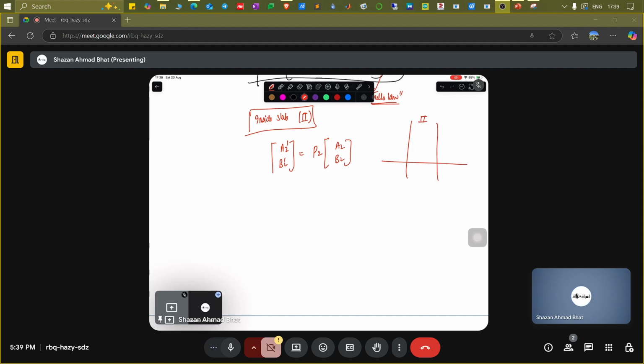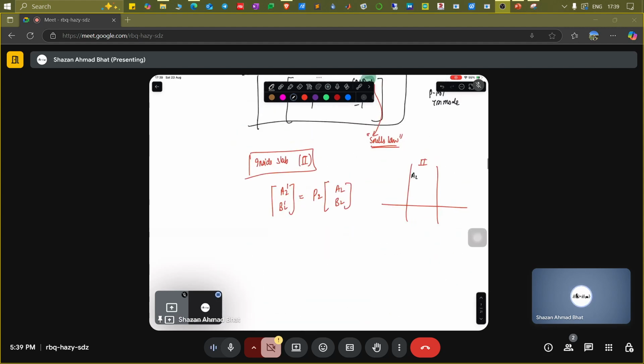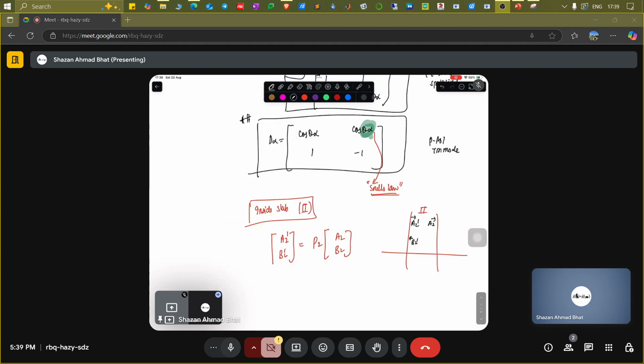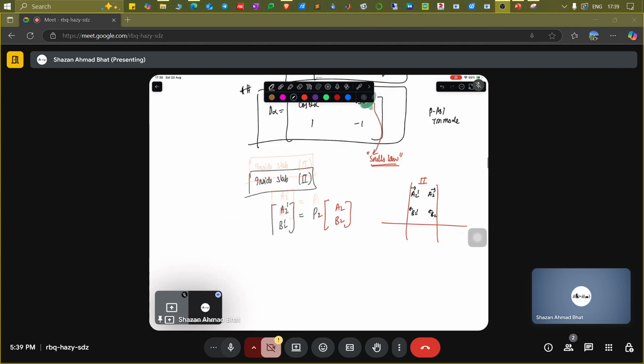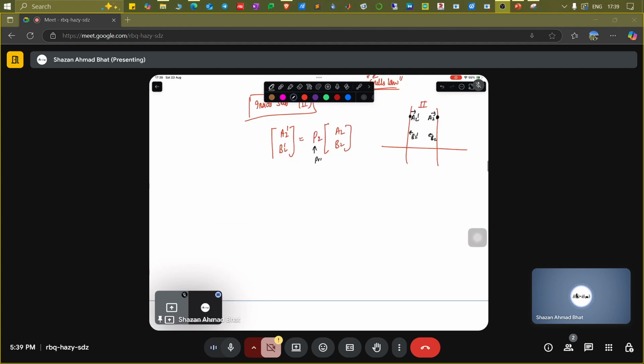And if you remember, this was A2 dash, this was B2 dash, and this was A2, this was B2. So what we are writing is that this particular part is related to this particular part, but with a certain matrix associated with it, which is the propagation matrix.